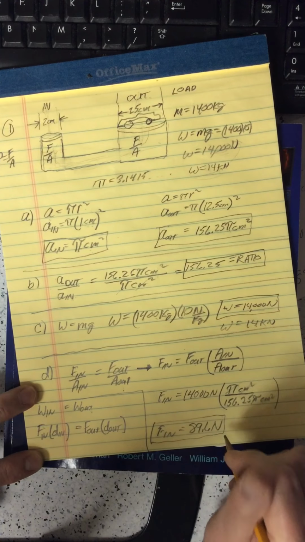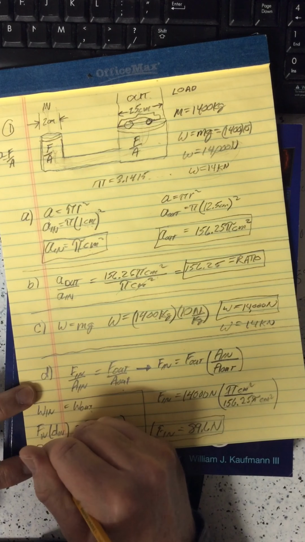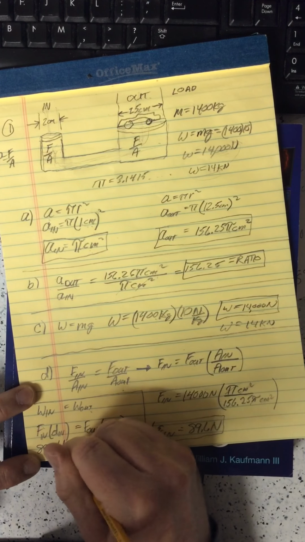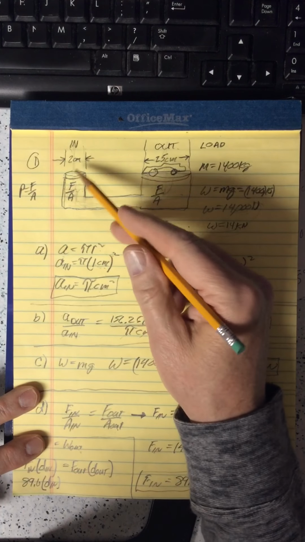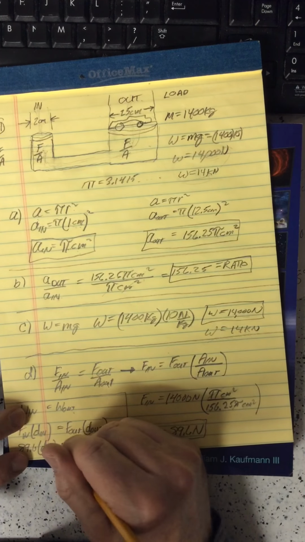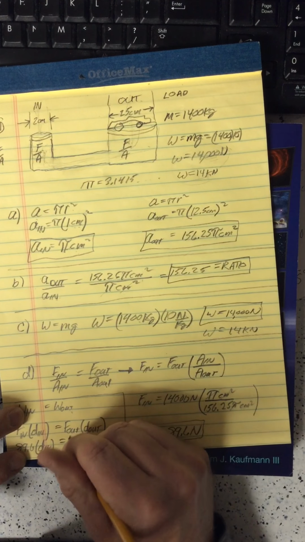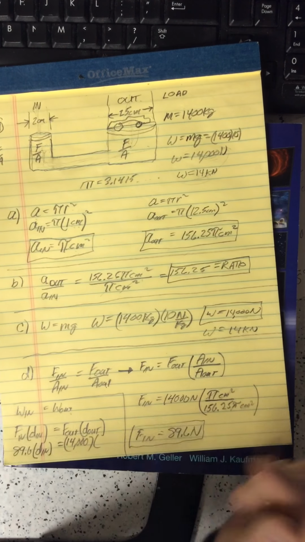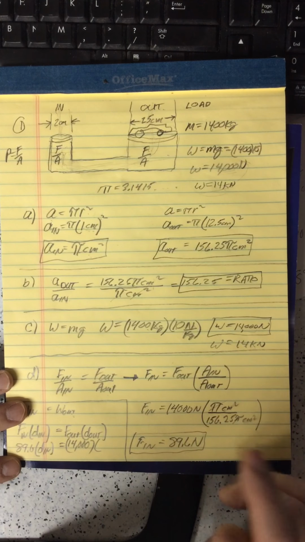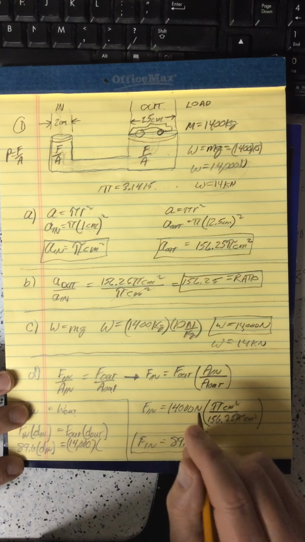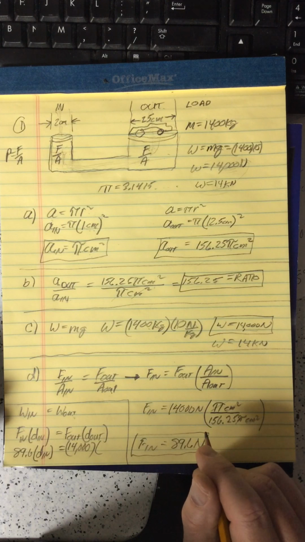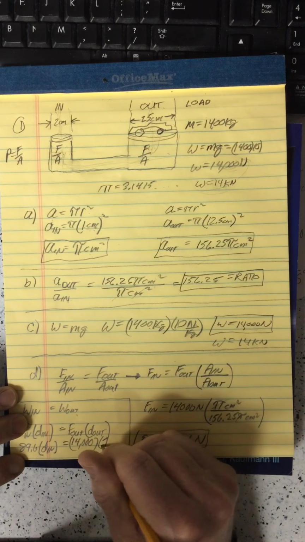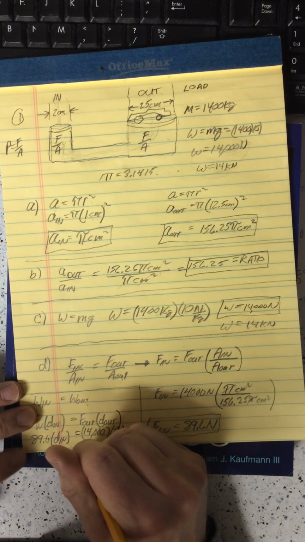So force in is 89.6, and distance in is our unknown. That's the distance you have to press this piston in. It equals force out, 14,000, multiplied by distance out. Let's just say 1 meter, to keep the numbers easy. Lifting this car 1 meter is just a little bit more than 36 inches. What do you get for d in?